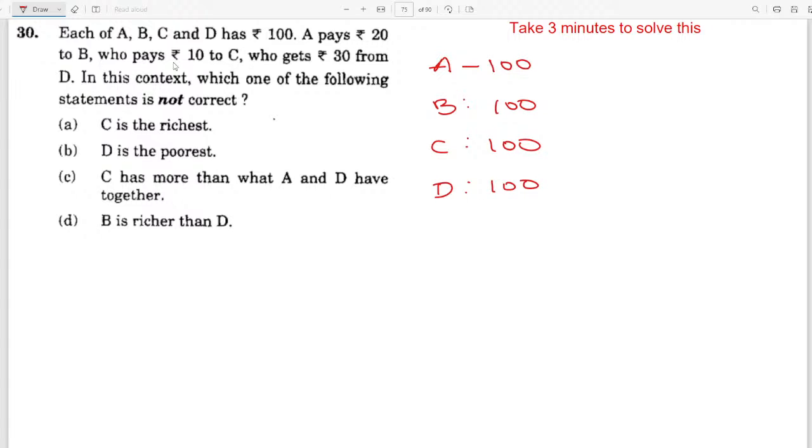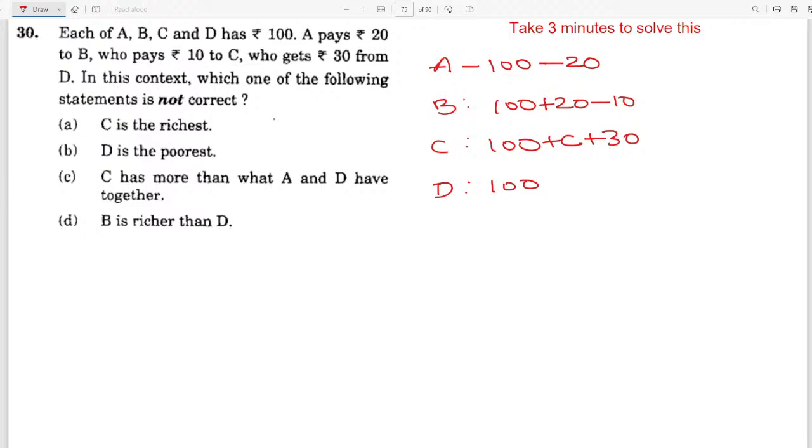A pays 20 to B. Who pays 10 to C. So B pays 10 rupees to C. Who gets 30 from D. So C gets 30 from D.